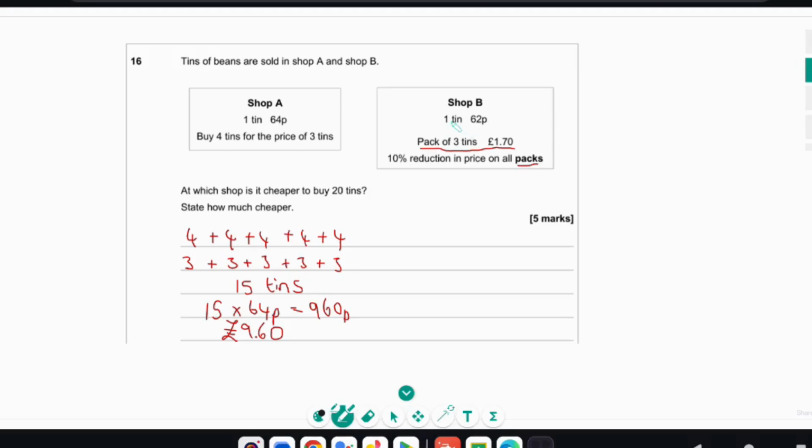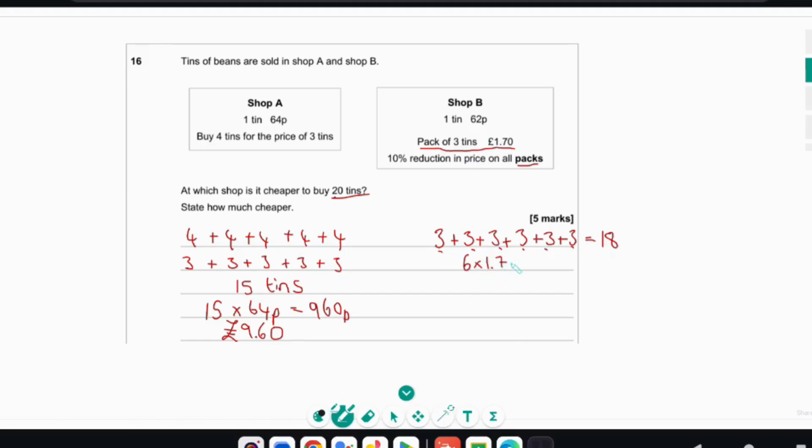If you bought 3 tins at 62p, it would cost you 62 times 3, which is £1.86, 186p. We want as many packs of 3 tins to get to our 20 tins as we can. So you've got 3, 6, 9, 12, 15, 18. If we take another one, it would take us to 21. So we can use 1, 2, 3, 4, 5, 6 lots of your packs of 3 tins.